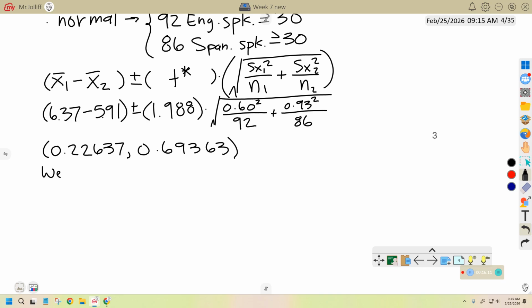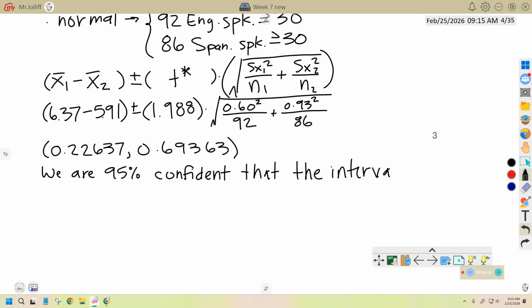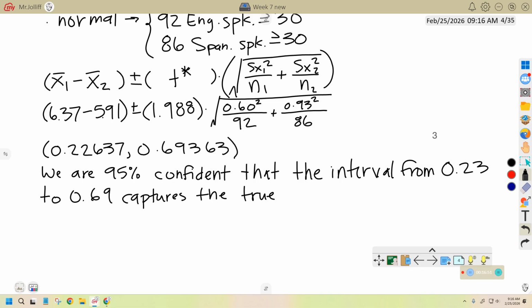So we are 95% confident that the interval from, and I'm going to round in my sentence, I don't need to be all super specific, 0.23 to 0.69 captures the true mean difference, and then I have to look at what the difference was in.